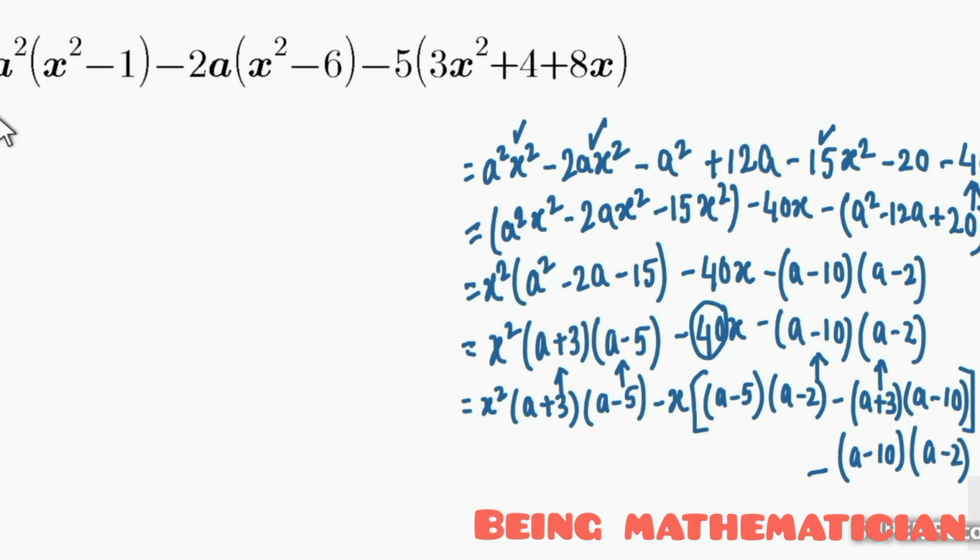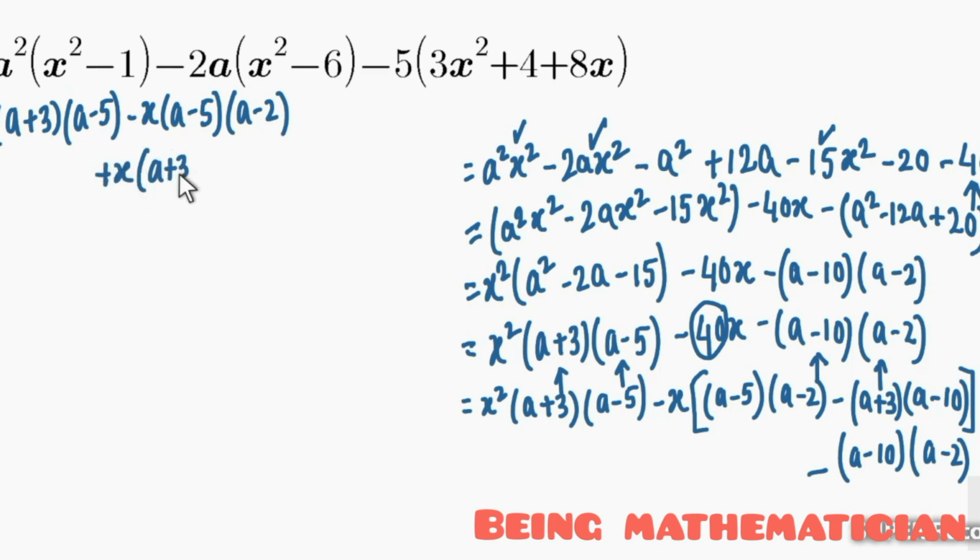Now next is x²(a + 3)(a − 5), and now multiplying the terms with x, minus x(a − 5)(a − 2) plus x(a + 3)(a − 10) minus (a − 10)(a − 2).